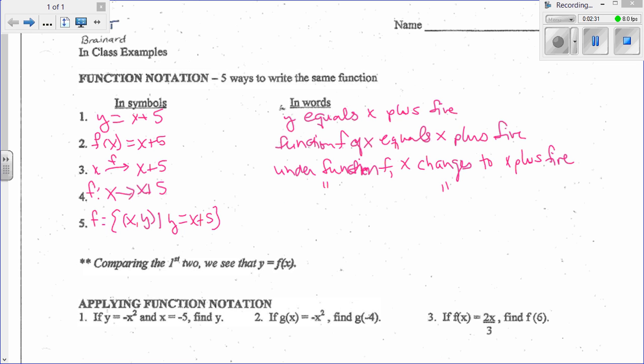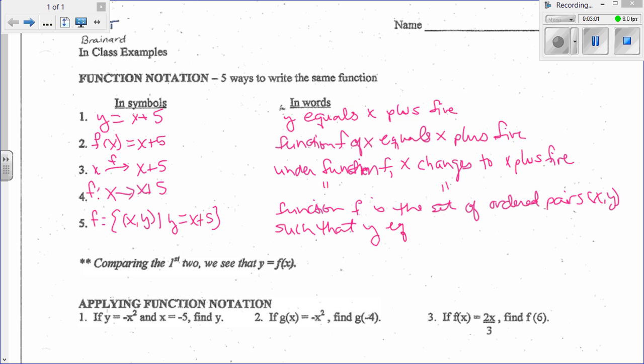And in words, that means function f is the set of ordered pairs (x, y) such that y equals x plus 5.